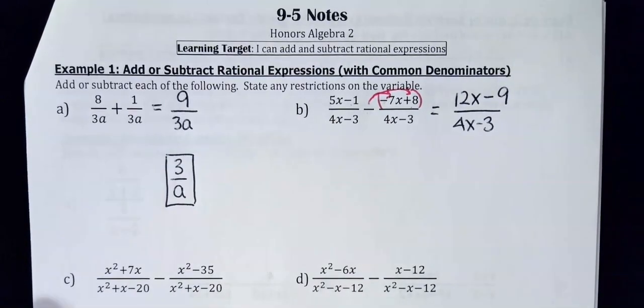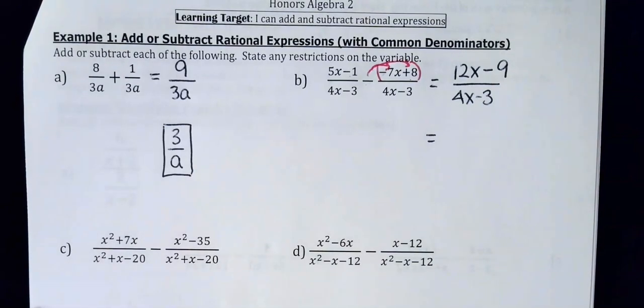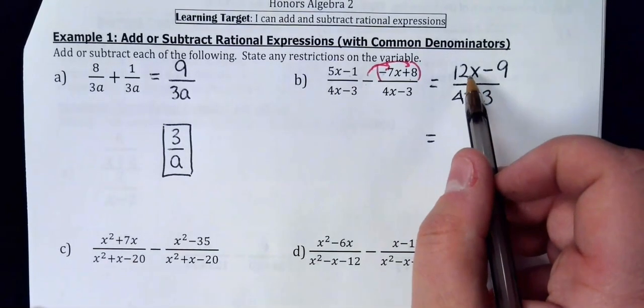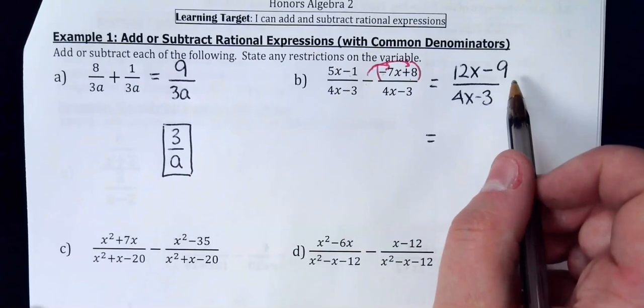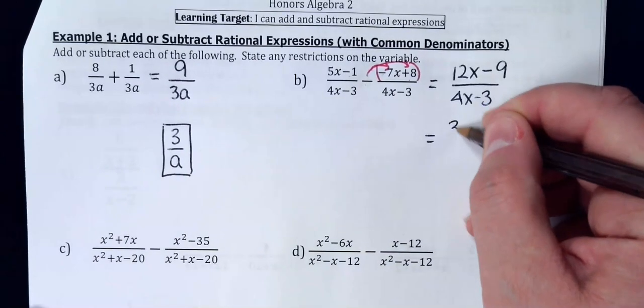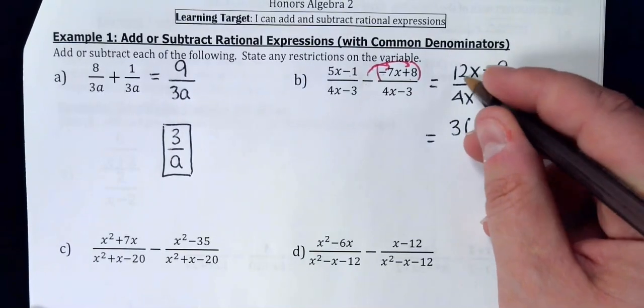Now, before I write that as my answer, I can't just cross x's off, but I want to see if I can factor anything to see if something matches. On the top of that fraction, do 12x and 9 have anything in common? 3. Okay, so if I divide both of those terms by 3, 12 divided by 3 would be 4.